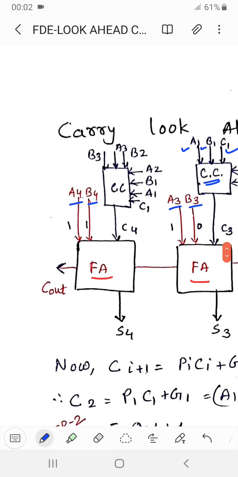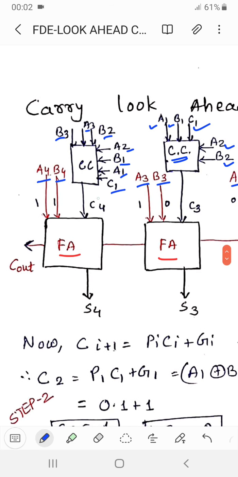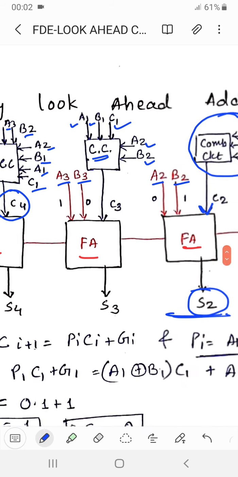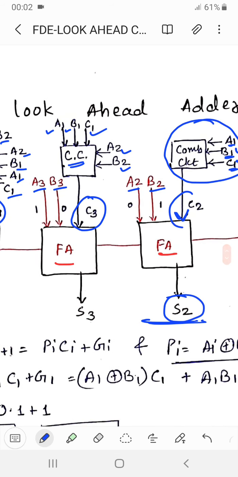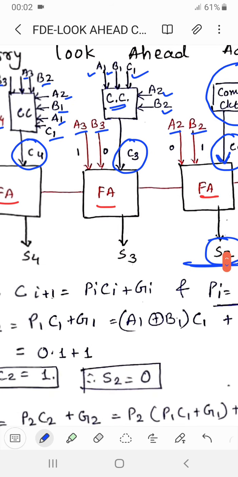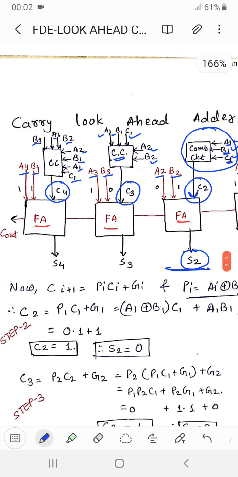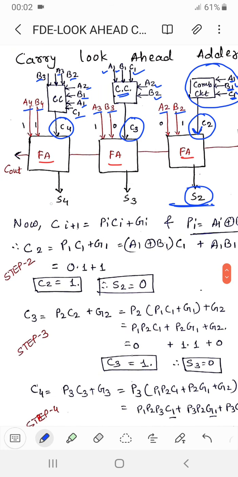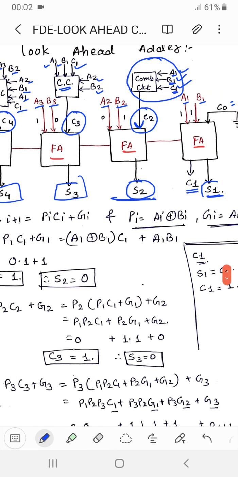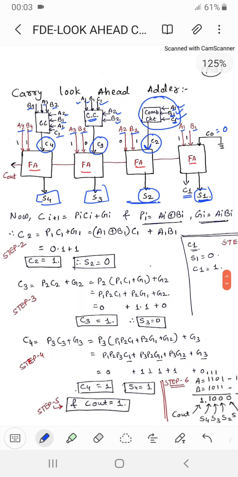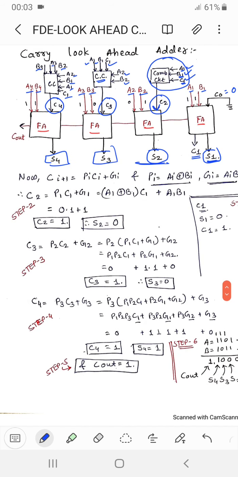And for the last bit, A1, A2, A3, B3, B2, B1, and the carry 1 only, and they combinedly produce carry C4, C3, and C2 at the same time for each and every full adder operation, and every full adder operation gives you simultaneously the outputs S4, S3, S2, S1. So it reduces the timing of your addition as well as subtraction work.